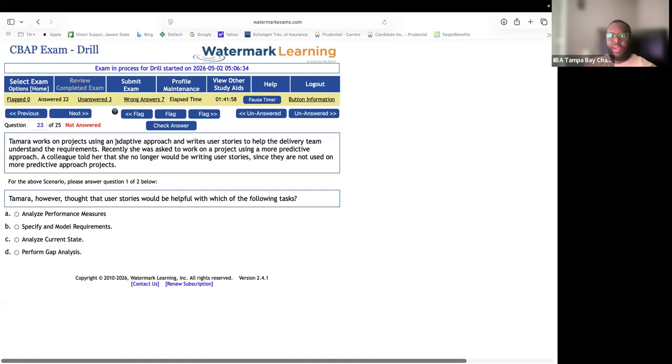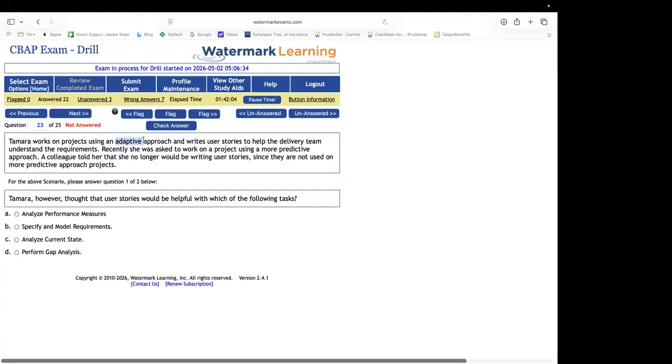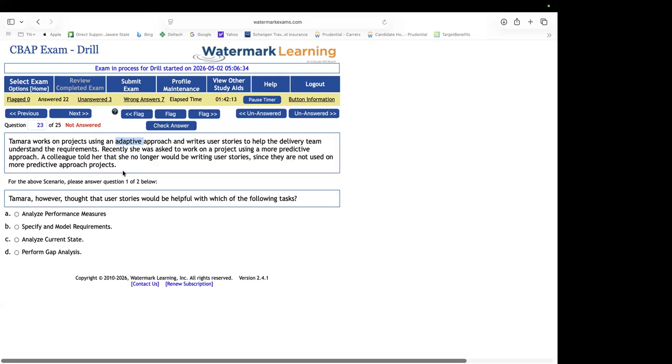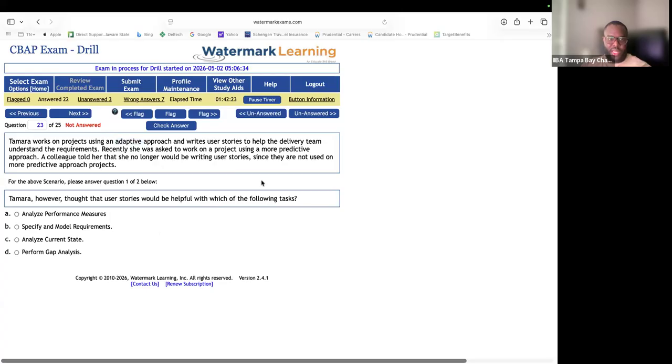So, does everyone know the difference between adaptive and predictive approach? Waterfall and agile, yes. That's correct. So why will she still need a user story?